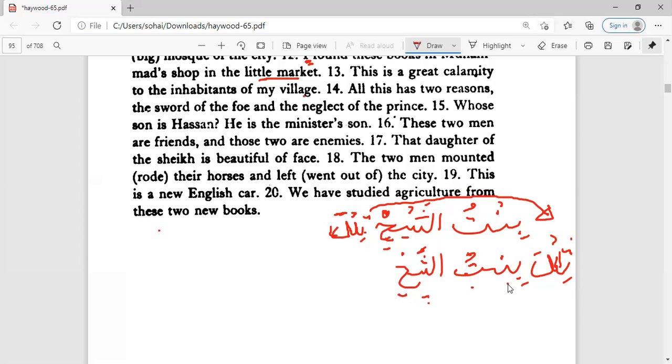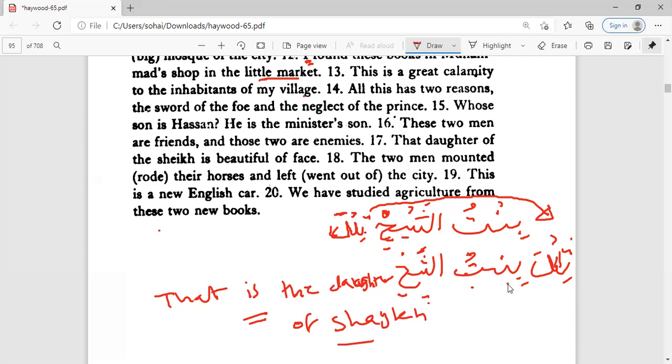Sheikhi, it becomes that is the daughter of the Sheikh. But in this sentence, it doesn't say that is the daughter of the Sheikh, it says that daughter of the Sheikh.